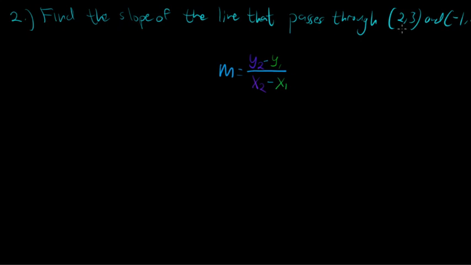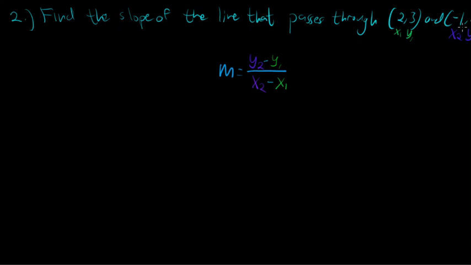Now, do we call (2, 3) the first point or (-1, 2) the first point? It really doesn't matter as long as you label them correctly. So in this example's case, let's just use (2, 3) as our first point. Which means that positive 2 here will be our x sub 1 and positive 3 will be our y sub 1. -1 on the other hand will be our x sub 2 and 2 is y sub 2.